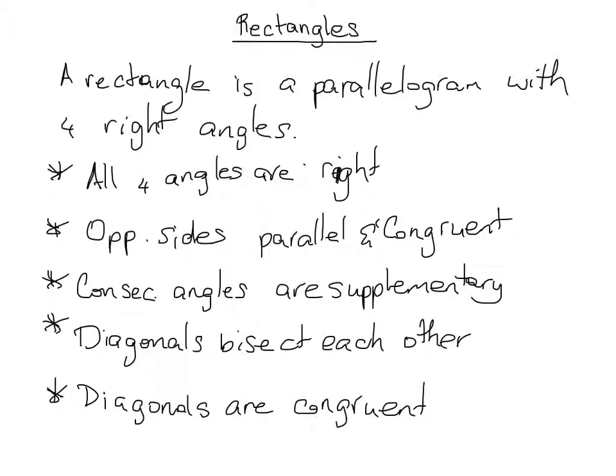And this is the diagonals of a rectangle theorem. So the diagonals of a rectangle will always be congruent. The measures will always be equal to each other.